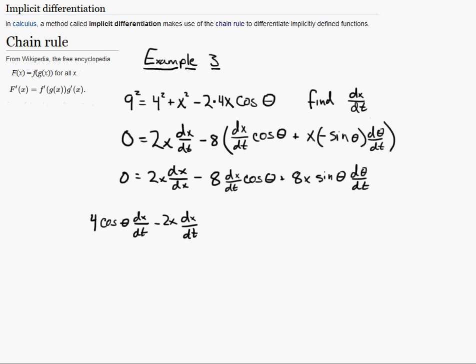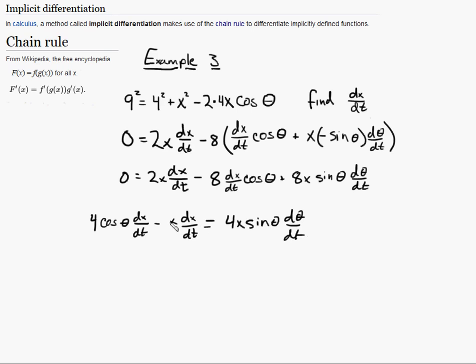That should be a t right here, I'll write it a little more clearly. Then the only thing left on this side, this should also just be 1 because I divided everything by 2. Left on this side, I divide this by 2 and I have 4x sine theta d theta/dt.